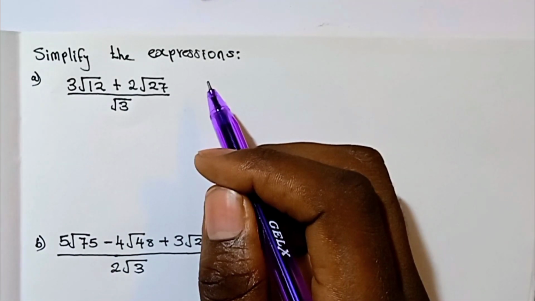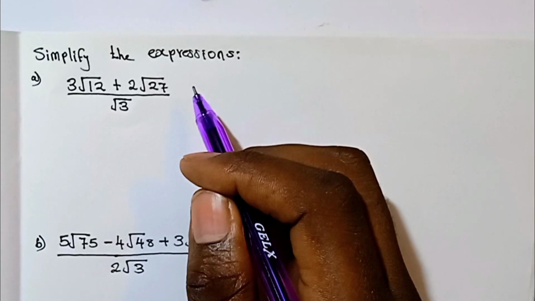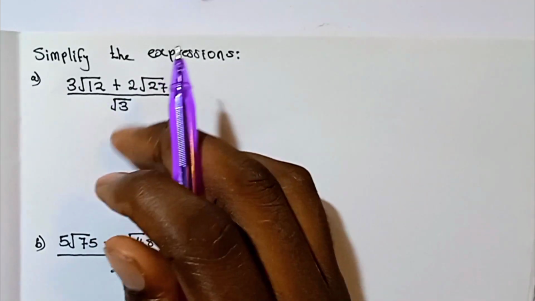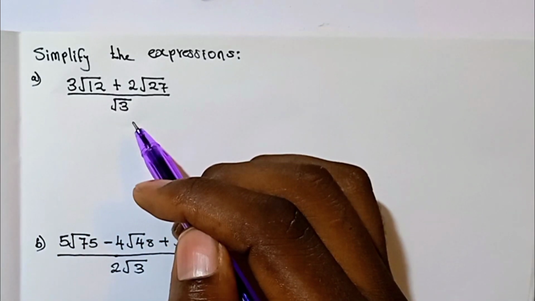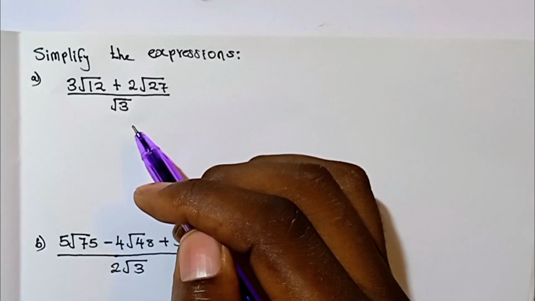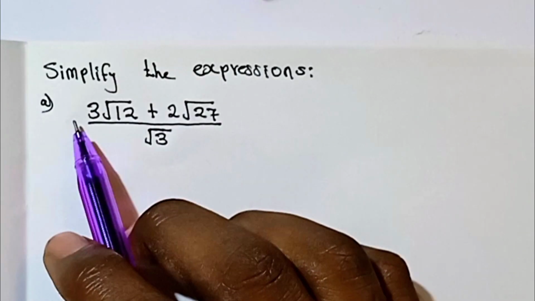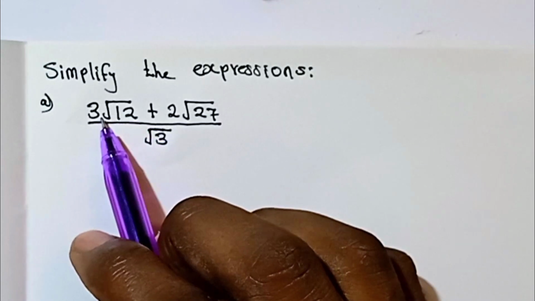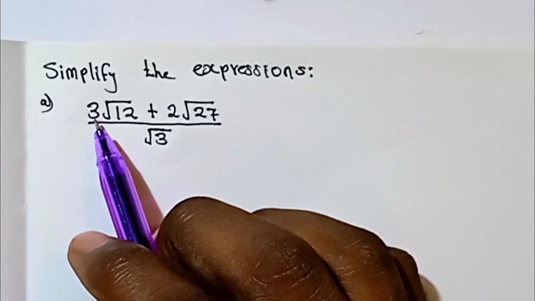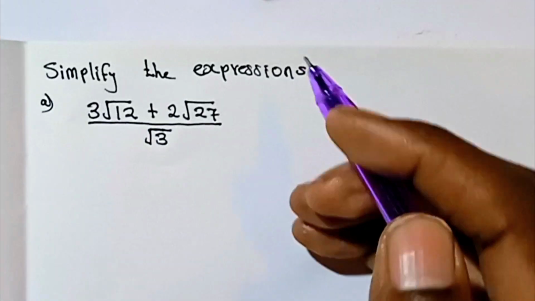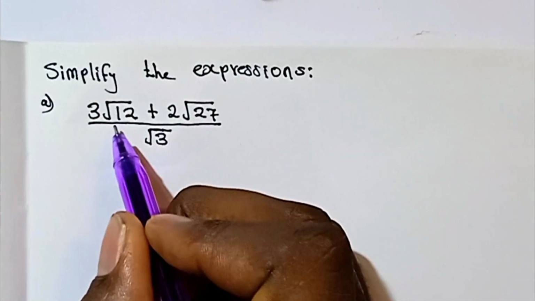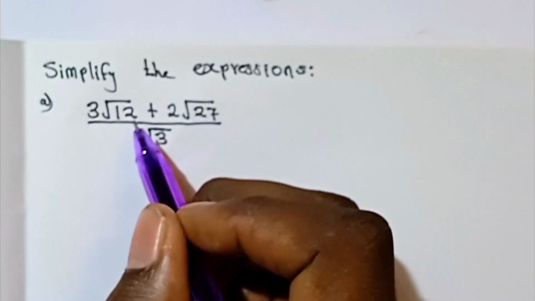The first thing is to simplify step by step from the numerator, and then we are going to combine with the denominator thereafter. So the numerator is this one, where we have 3 root 12 plus 2 root 27. The first thing we need to know is that 12 is a multiple of 4 and 3.